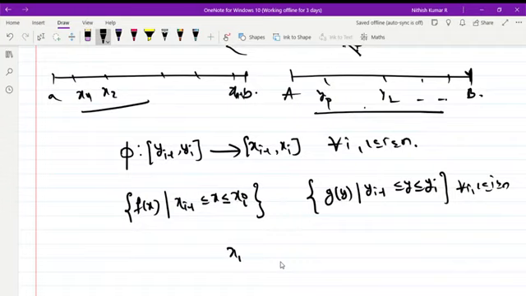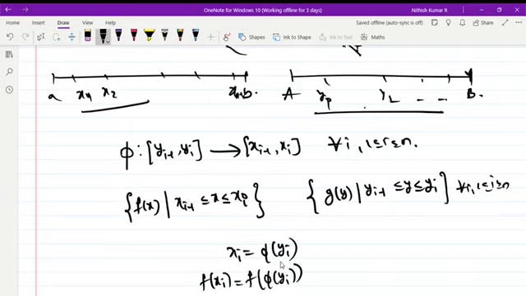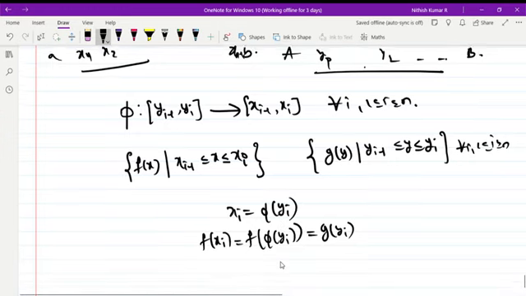So we have xi is nothing but phi of yi. Therefore f of xi is nothing but f of phi of yi, and this is nothing but g of yi.